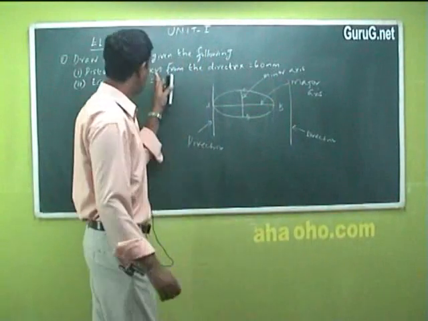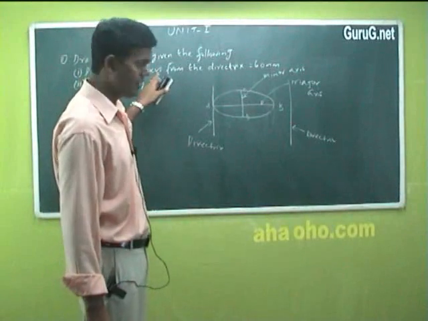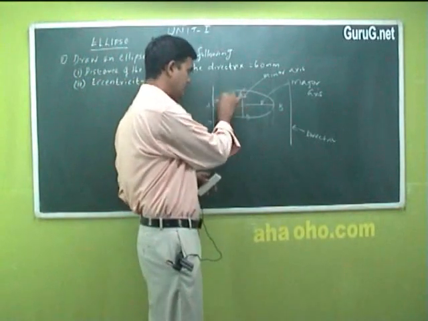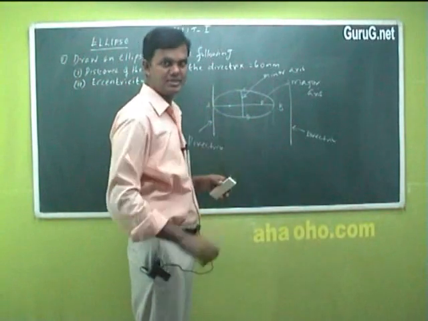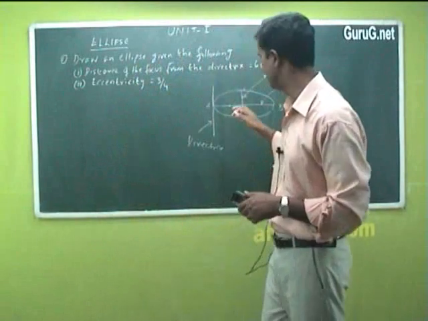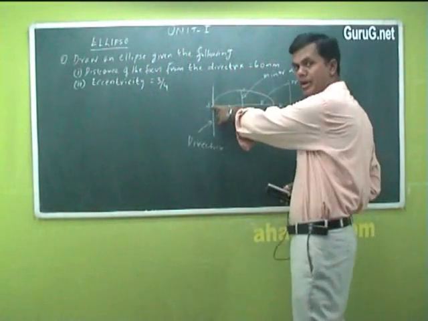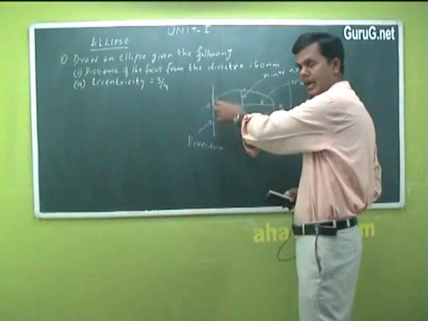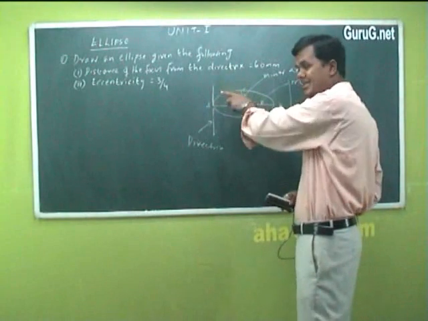And another word used is focus. Focus is the point from which I start constructing the ellipse. The question is, from which point am I going to start constructing the ellipse? From the starting point of this directrix I need a certain distance, from where I do all the constructions.